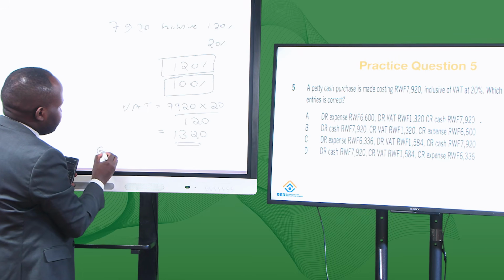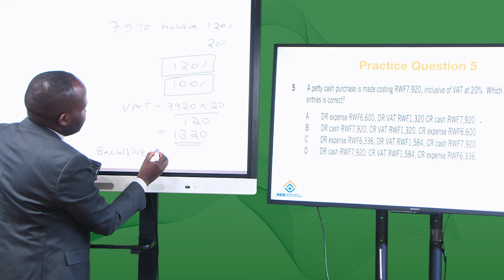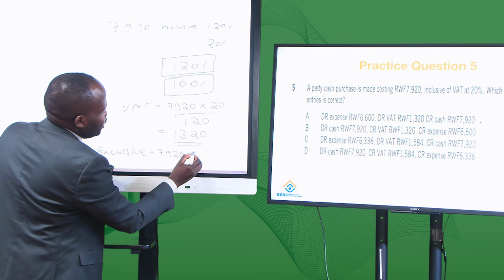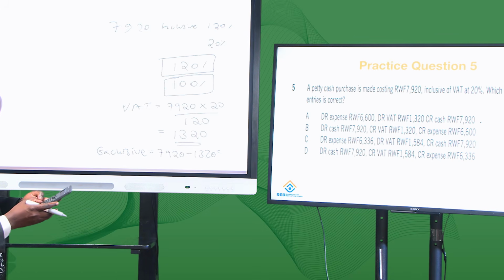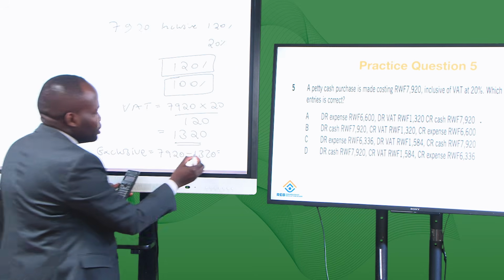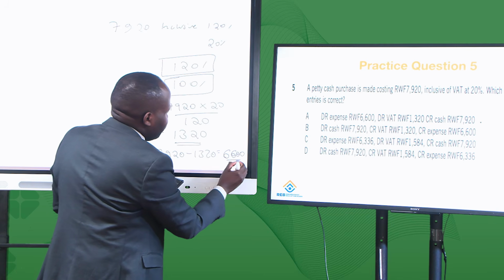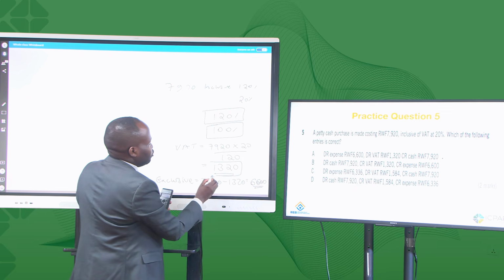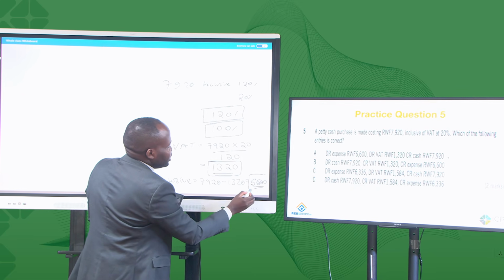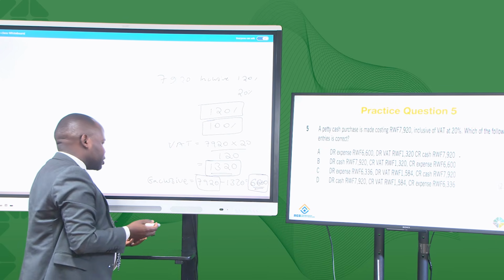So the exclusive amount that does not include VAT is 79.20 minus 13.20, which gives you 66.00. So you look for a figure that has number 1, the VAT amount, number 2, the net amount, and number 3, the total. Those are the components we look for.